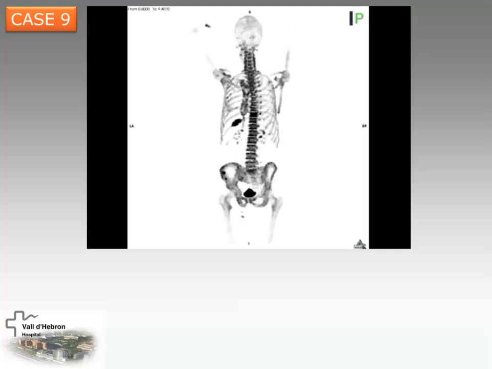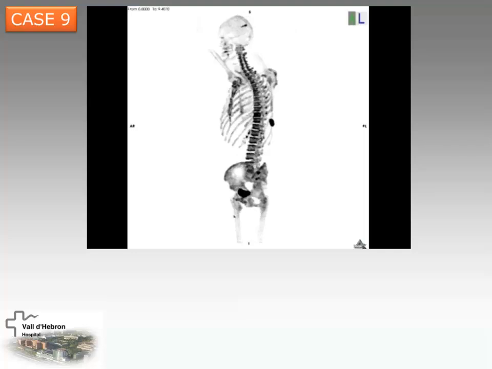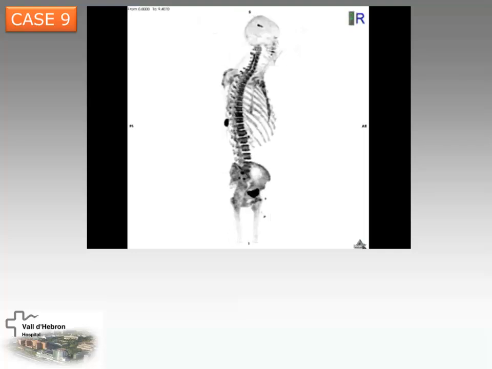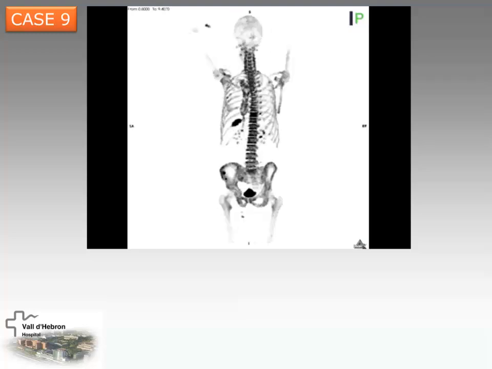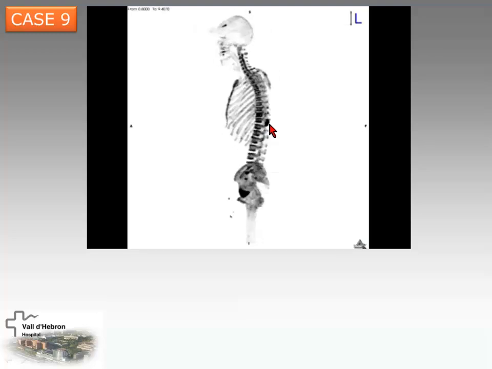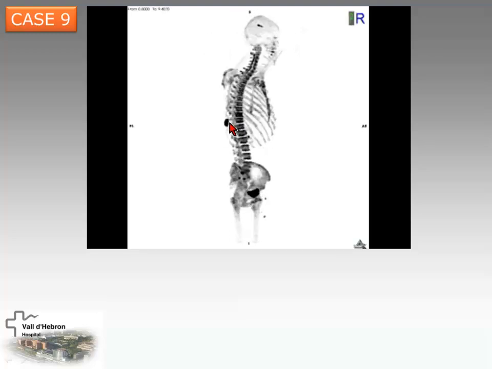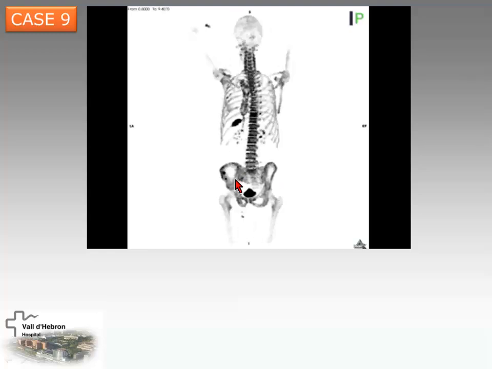Another adult. What do you see? What's this? A lesion, a cortical lesion? And here? What's that?